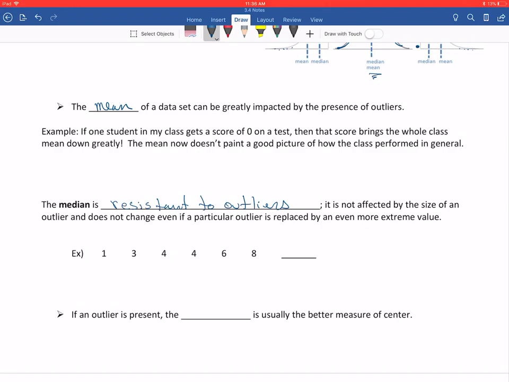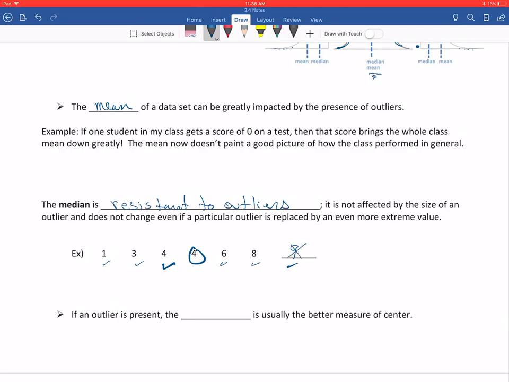So what I mean by that is, let's say the missing data value here is 9. 9 would not be considered an outlier here. And if we go through and mark off our values to find the median, 4 would be our median.